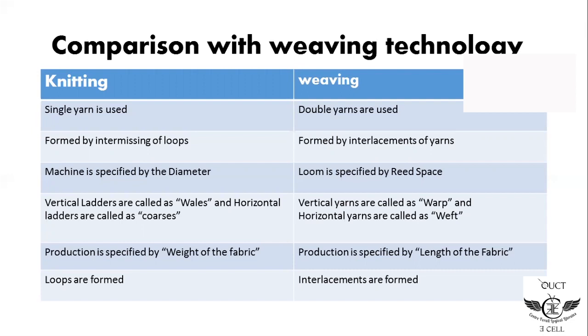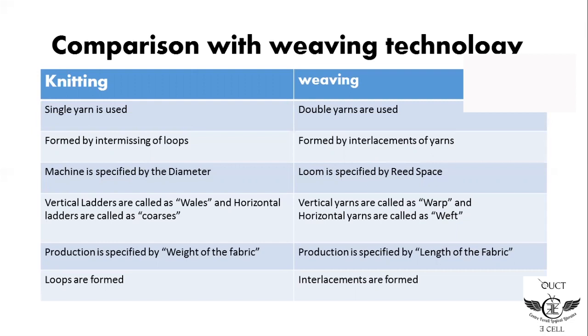In weaving, the loom is specified by reed space. If you know the length of the reed space, you can even specify the length of the fabric, right? In knitting, vertical ladders are called wales and horizontal ladders are called courses. In weaving, vertical yarns are called warp and horizontal yarns are called weft, that we all know.